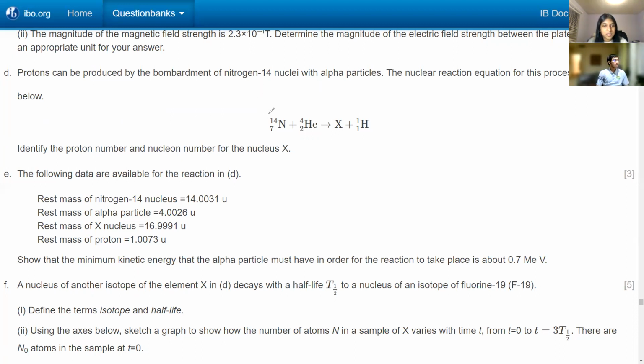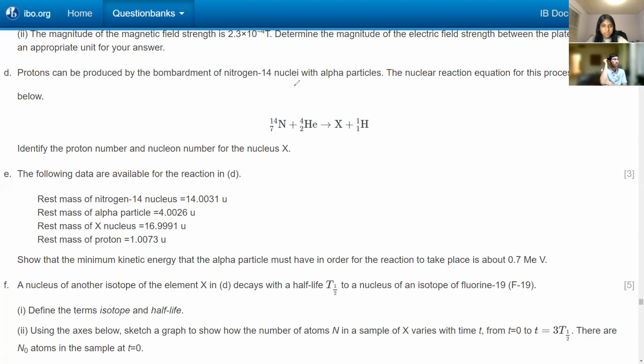So rest mass. Wait, do you need mass defect? Yeah, you do. Or do you just do that difference thing? That is mass defect. Yeah, sorry. The rest mass is 14.